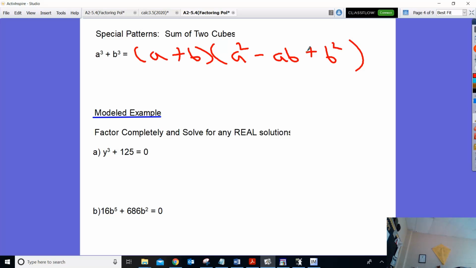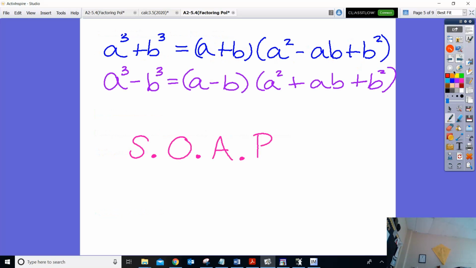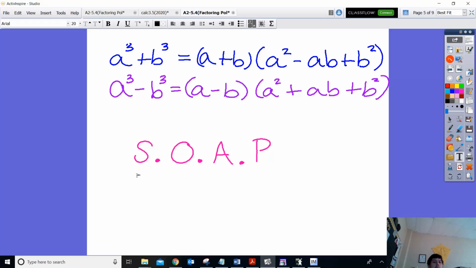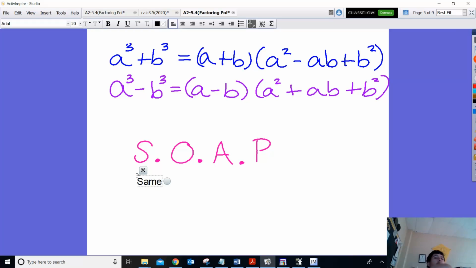Now there's an acronym on the next page, which I'm going to flip over to. It's called SOAP. It's how you tell the signs. It doesn't help you remember the lettering, but it helps you do the signs. The S stands for same, because A cubed plus B cubed starts with A plus B. That's the same part. A cubed minus B cubed starts with A minus B. So that's same sign.